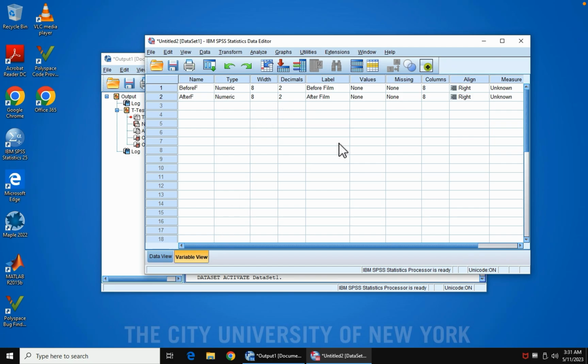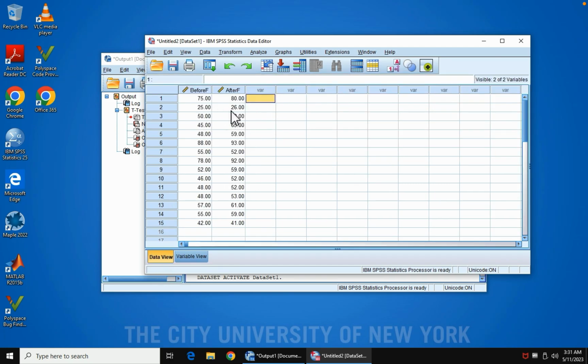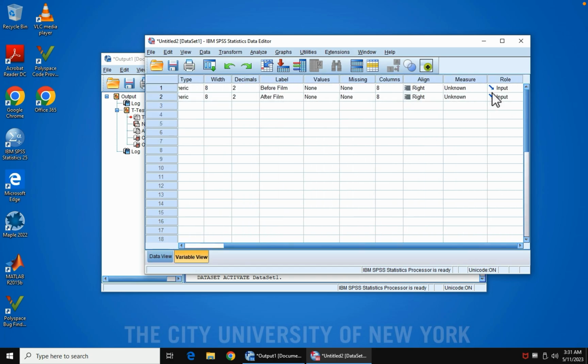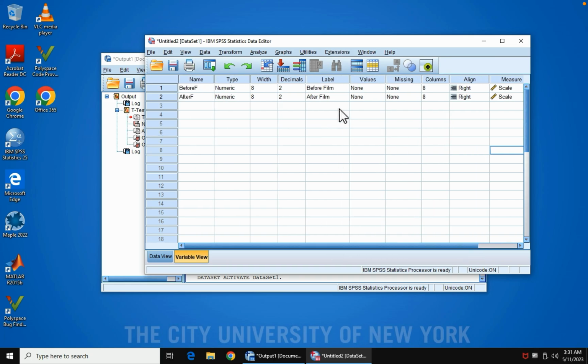So I already entered my data in SPSS, just so you know. You can pause the video and watch it, but before and after, those are the ratings. The variable view looks like this. The measurements should be scale, and I labeled them before film and after film.